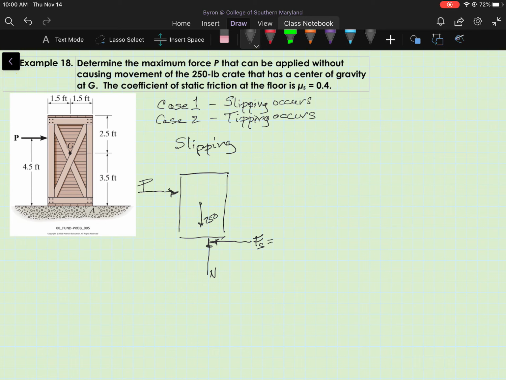And we know that we can express that as mu sub S times N. And they gave us mu sub S, so F sub S is equal to 0.4 N. So the frictional force is a function of the normal force, so we don't have that extra unknown.